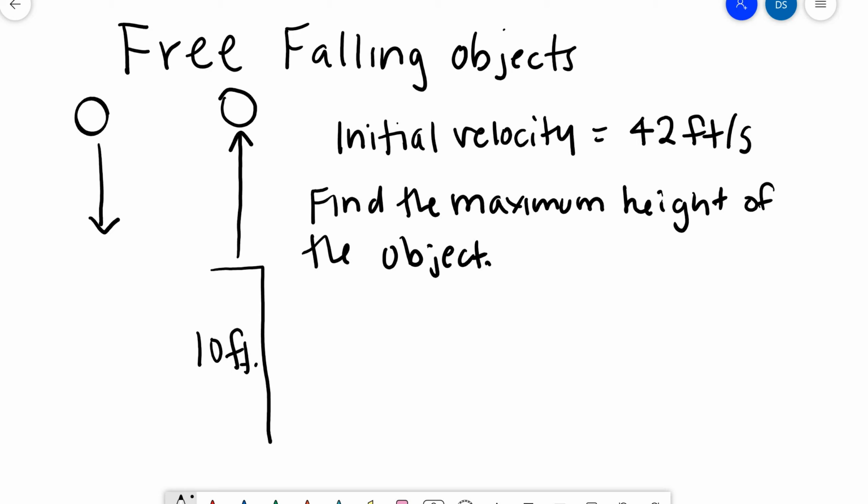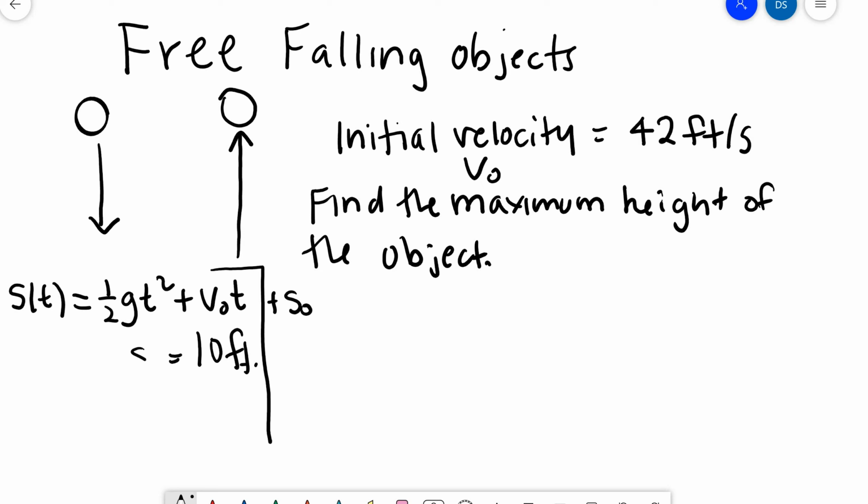Free falling objects are based on the quadratic model, a quadratic function, and the quadratic function is this. The position function is s of t equals 1/2 g t squared plus v0 t plus s0. Okay, v0 is the initial velocity. s0 is your initial height.